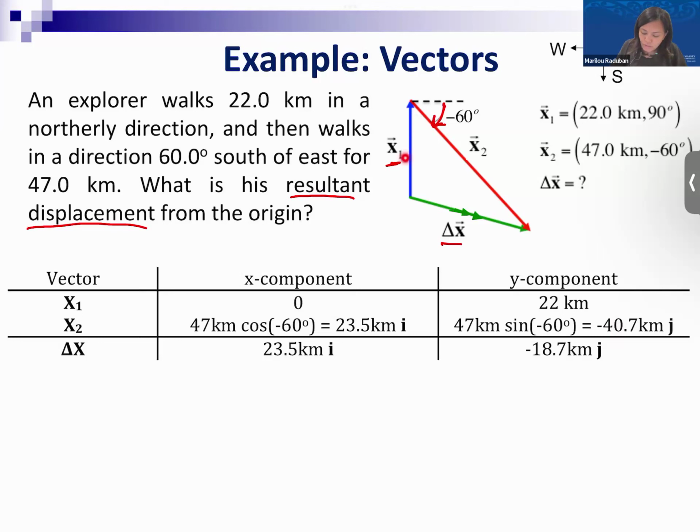So for the first vector x1, it's directly straight upwards, so there is no x component, there is only a y component, 22 kilometers. The vector x2 is a diagonal vector, therefore it should have an x component. The x component will be the projection onto the x-axis.